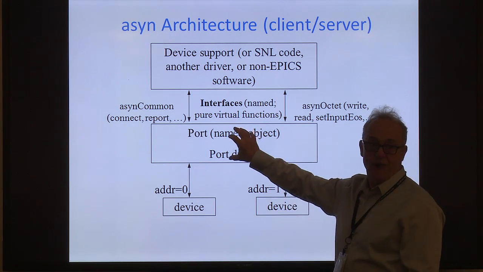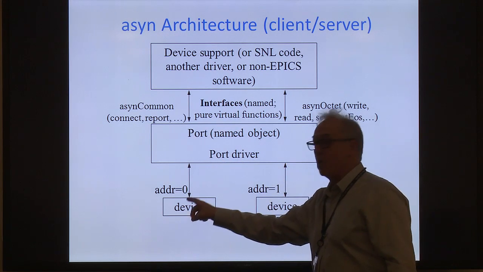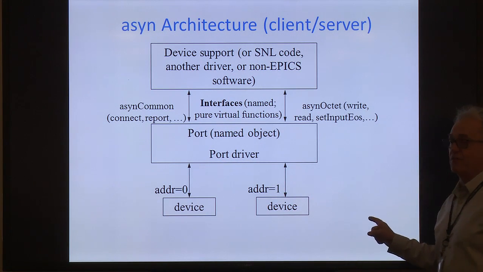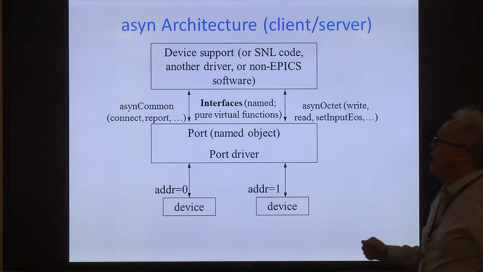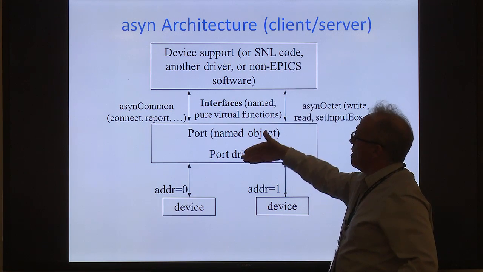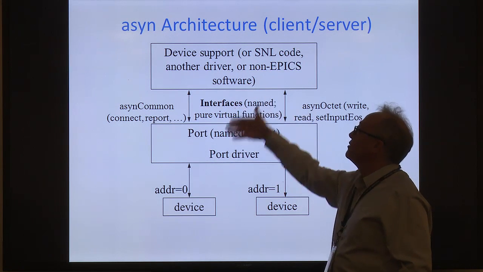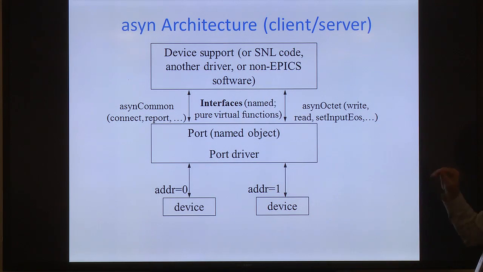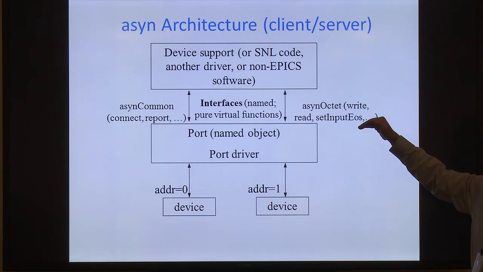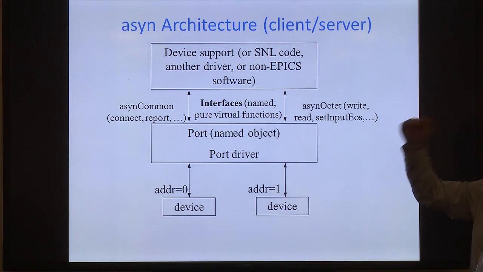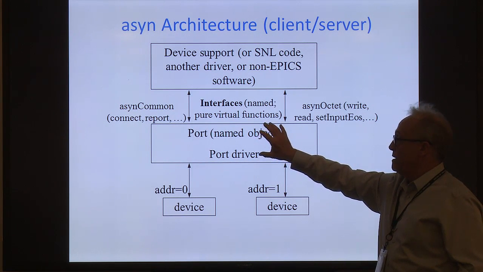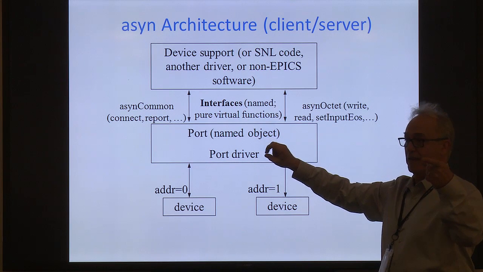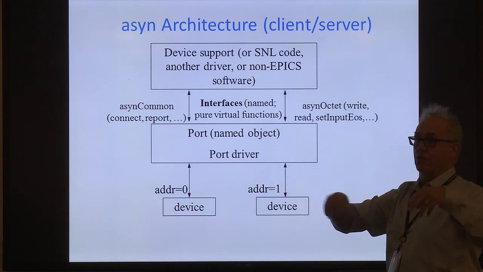You would have one port driver for the ADC, but then multiple addresses within that driver to talk to channel 0, channel 1, channel 2, and so on. And then the client talks to the port over interfaces, which have names, and they're essentially pure virtual functions, right? It just says these are the methods that this object has to implement for 32-bit integers or 64-bit floats or strings.